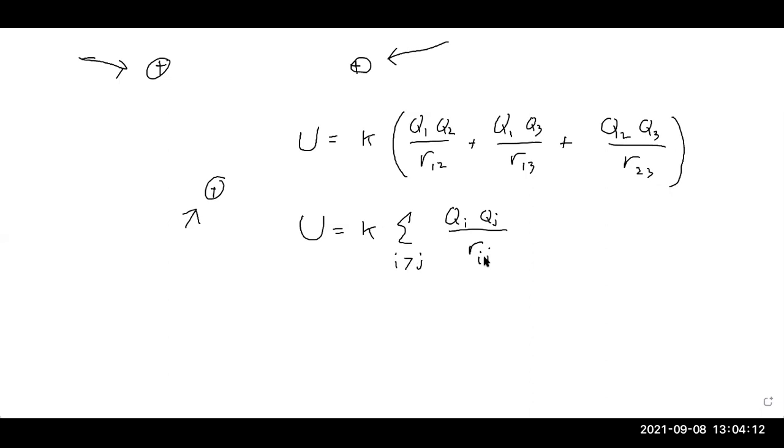That would blow things up right off the bat. So making sure that i is not the same as j, that we don't count the interaction between charge 1 and itself, is an important starting point. The other one is it just stops double counting. We want to count each pair once. So if you counted the interaction between 2 and 3 and the interaction between 3 and 2, you'd count everything twice. So this is just a way of getting to here, but counting each pair only once.